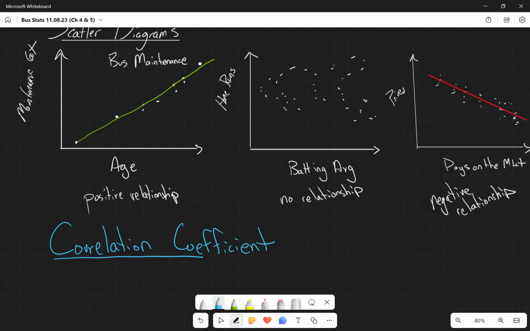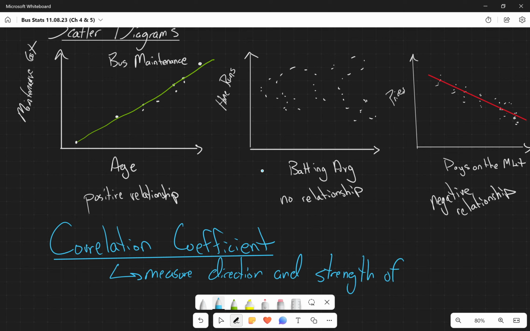So a correlation coefficient is going to measure the direction and strength of the relationship between two variables.